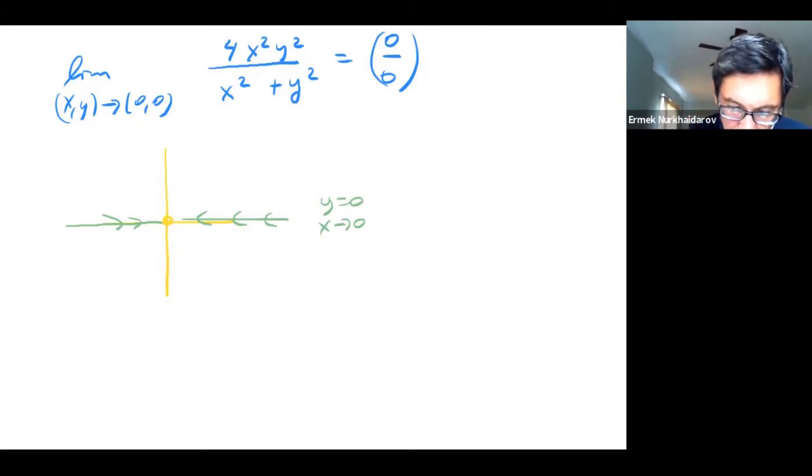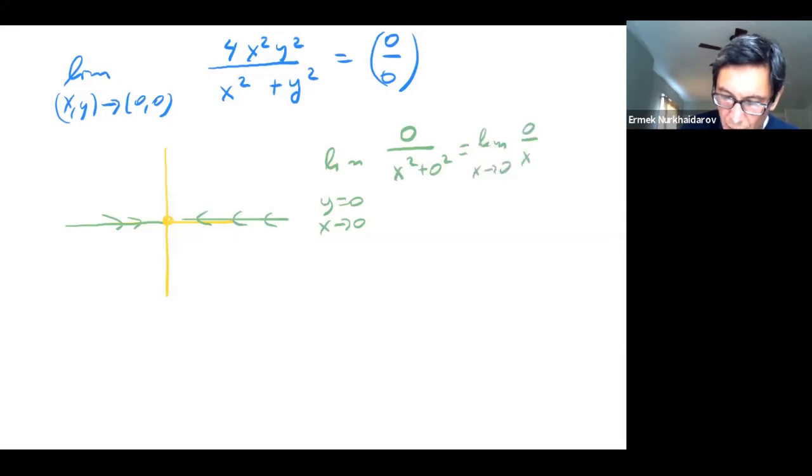So we take the limit. Because y equals 0, we're going to get 0 on top, and x squared plus 0 squared on the bottom. So the limit as x approaches 0 of 0 over x squared, and that is 0.